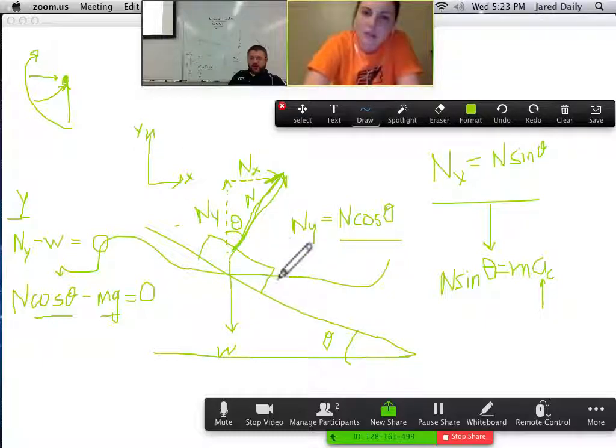So in the case of our car, it's pointing this way, to the right, because the center of the turn is over here. So centripetal just means center pointing.